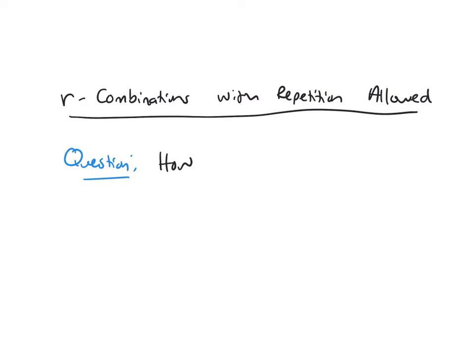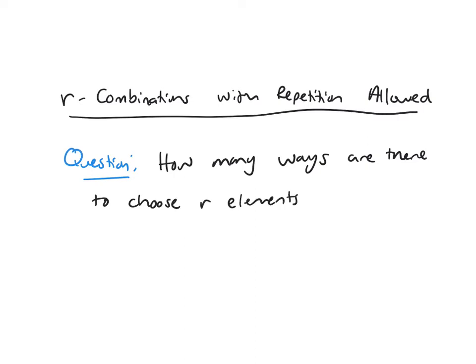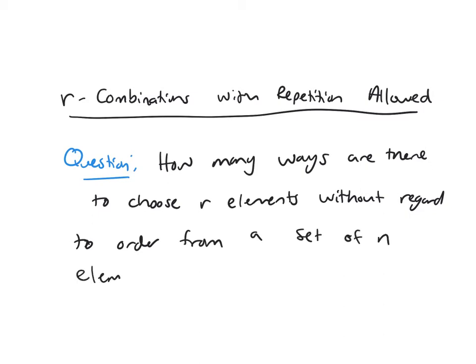How many ways are there to choose R elements without regard to order from a set of n elements if repetition is allowed?